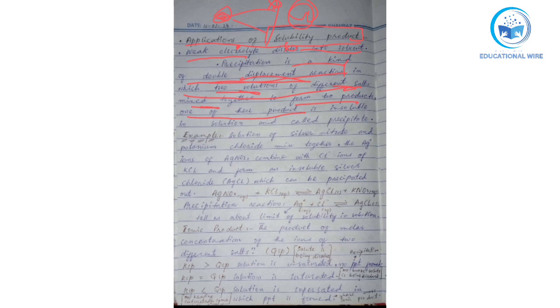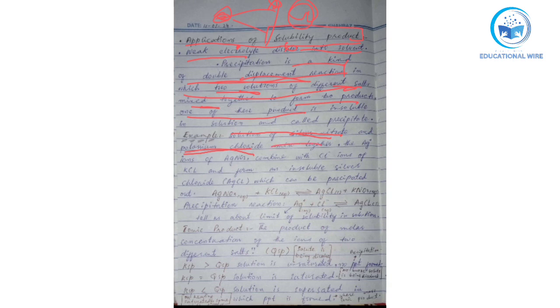Let's take an example of it. Here we have a solution of silver nitrate and potassium chloride, two different compounds. This is a double displacement reaction between silver nitrate and potassium chloride.